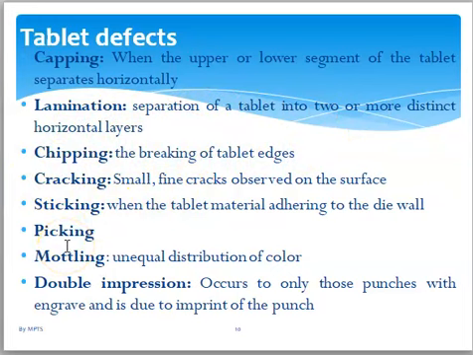When the punch picks part, these tablets always we see them in the pharmacies. Now it's not good to dispense tablets which have defects to patients. Always first check mottling, unequal distribution of color, double impression, especially those ones which have engraving.